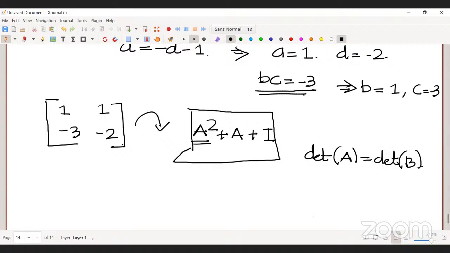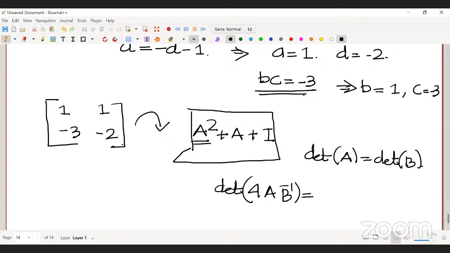Once you know that, what you need to do is find the determinant of 4A B inverse. What is this?